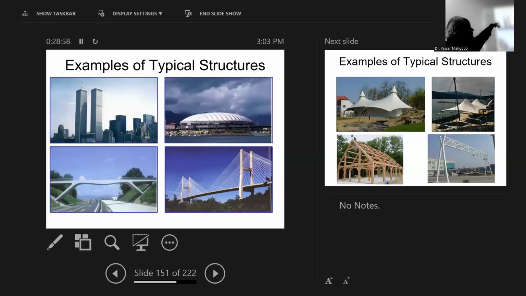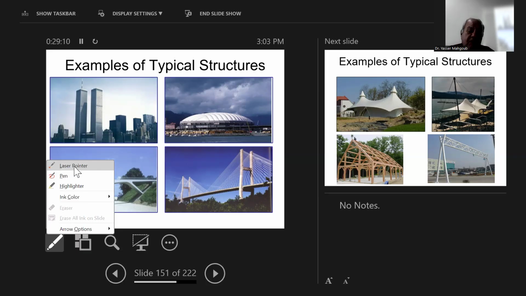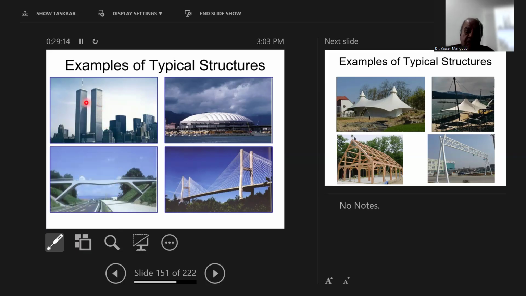In high-rise buildings, as you see, you have refuge floors. These floors are service floors. They are escape floors that people can go to in cases of fire or damage. This is a suspended bridge.